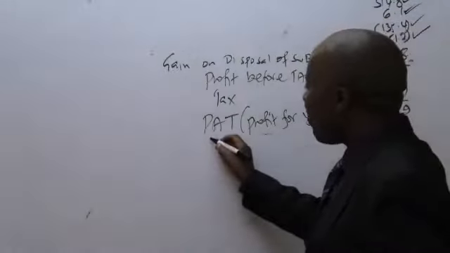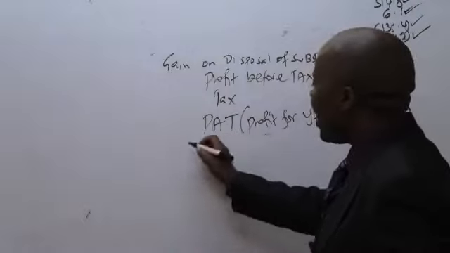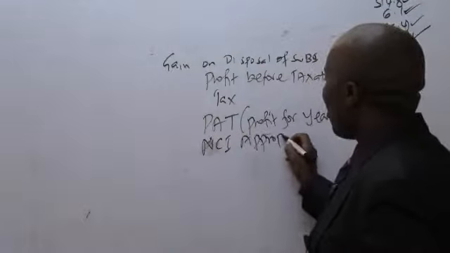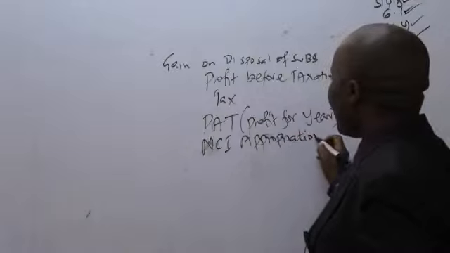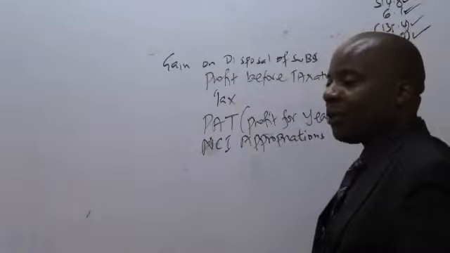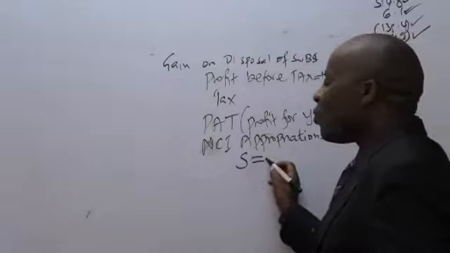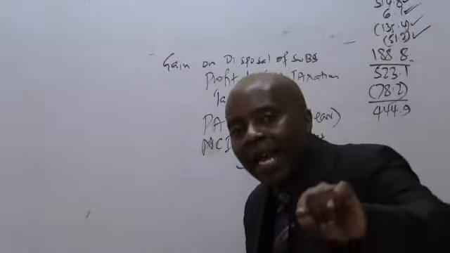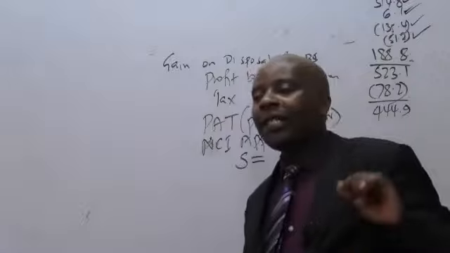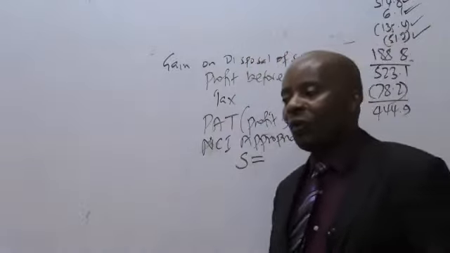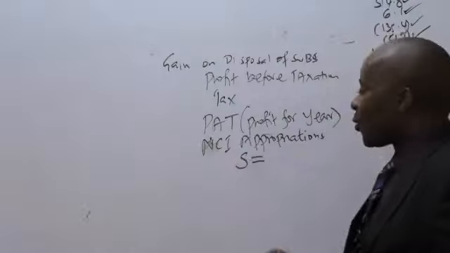Now appropriate to NCI, the NCI appropriation first. You appropriate to NCI. Remember there is NCI for S. What was the NCI percentage of S? Remember we own 60, so S is 40%.